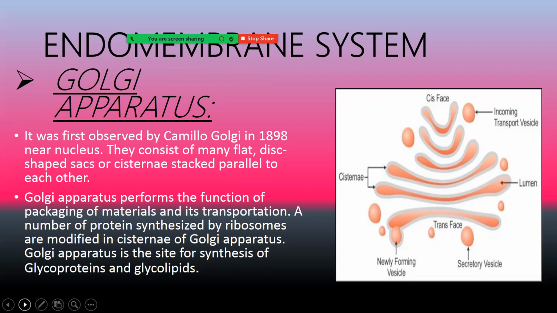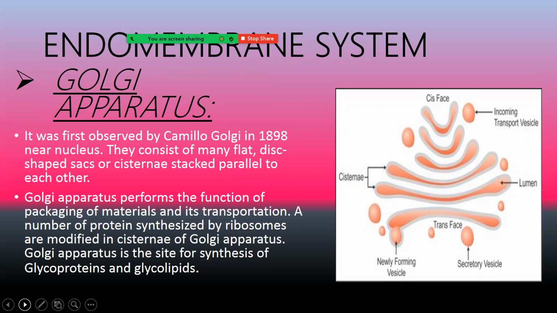The Golgi apparatus performs the function of packaging of material and its transportation. A number of proteins synthesized by ribosomes are modified in the cisternae of the Golgi apparatus. It is the site for synthesis of glycoproteins and glycolipids.